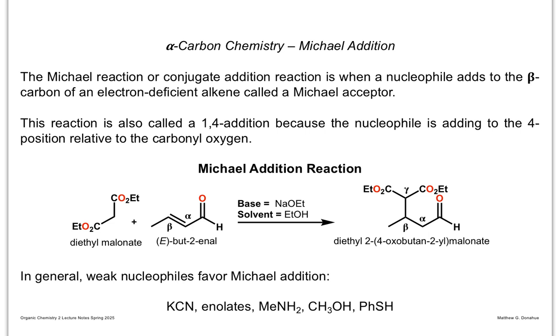So one of the most common ones, we can take that starting material diethyl malonate because we know those alpha hydrogens are acidic. And then with sodium ethoxide, we can deprotonate one of them. So I'll draw the sort of product of that.